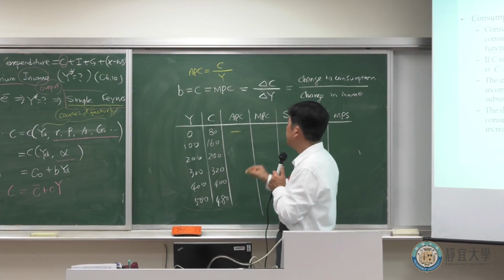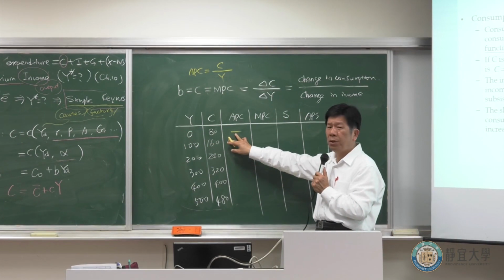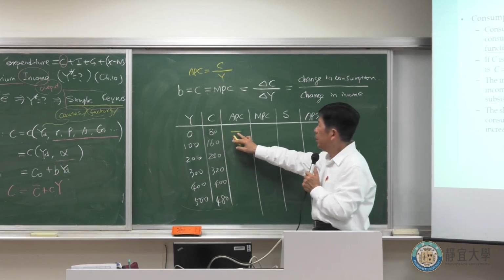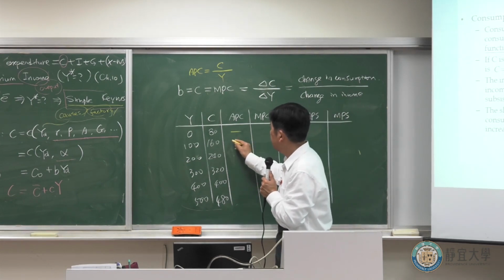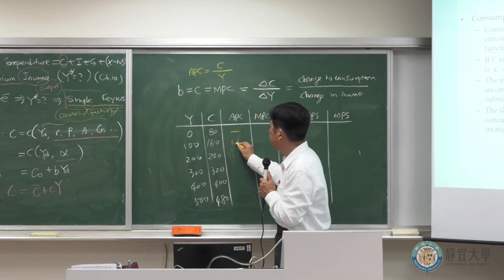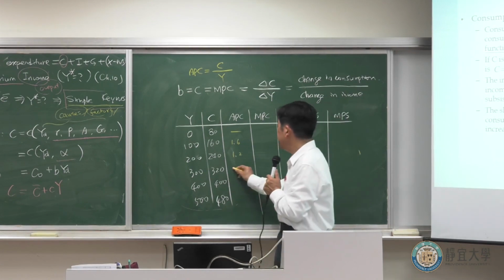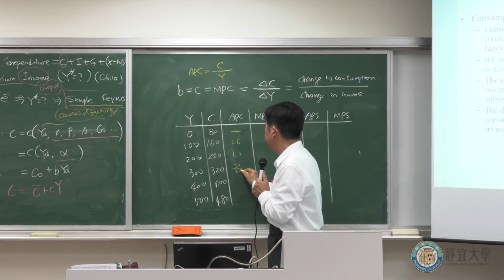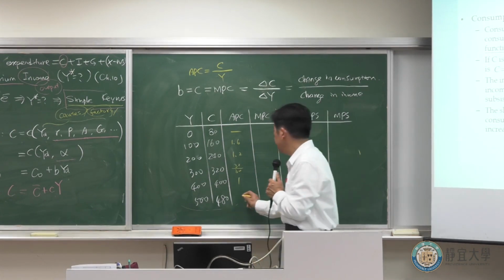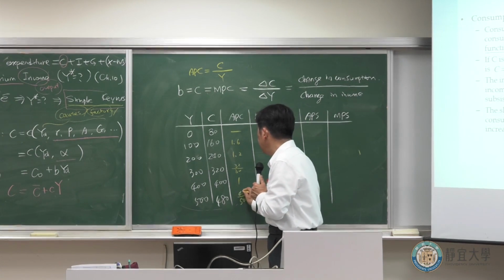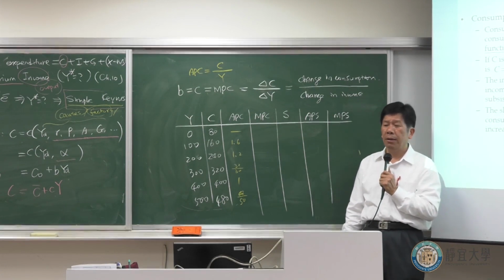Here Y is 0, so it has no meaning, so we just put a line. Here is 1.6, and this is 1.2, and this is 32 divided by 30, and here it's 1, and this is 48. So this is what we call APC.